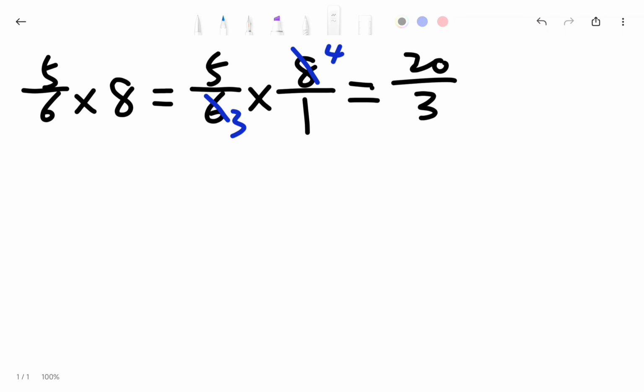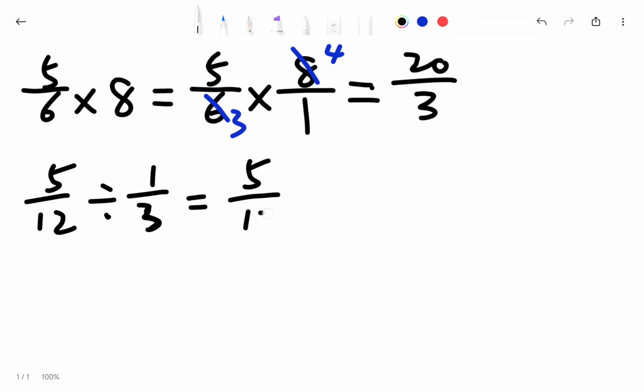Now let's have a look at the division of fractions. Five over 12 divided by 1/3. Again, we've only learned how to multiply fractions. So what we need to do is to try to convert this from a division to a multiplication.